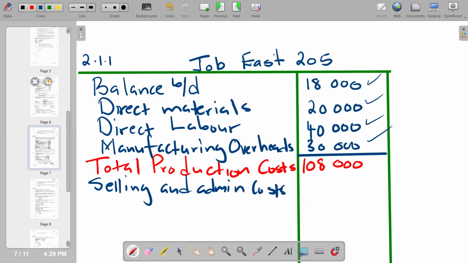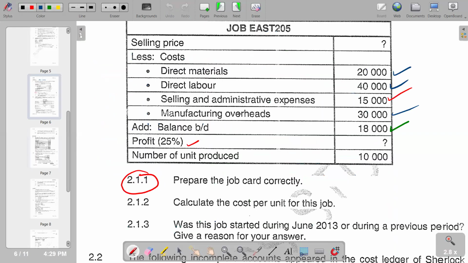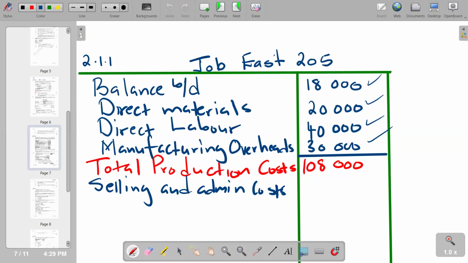And then the amount that we have, we have got 15,000. So we include our 15,000. Then after that, we are supposed to add to get our total cost.